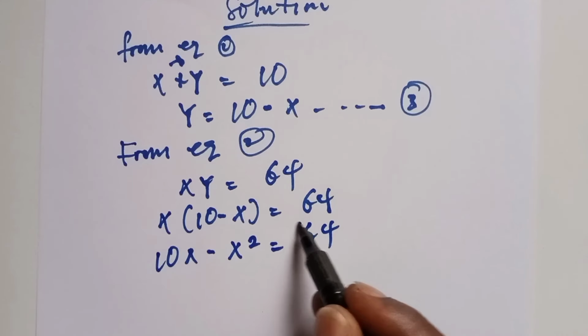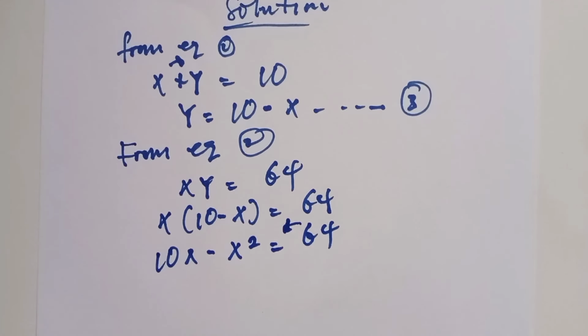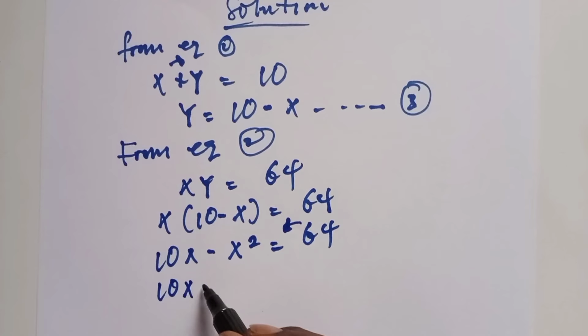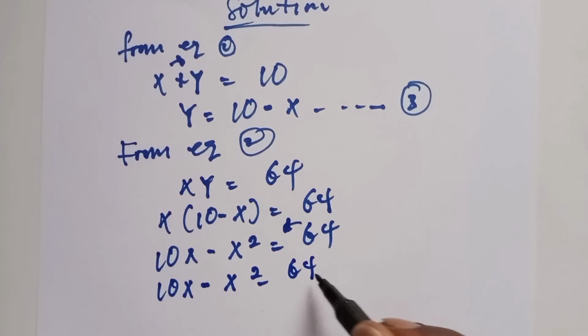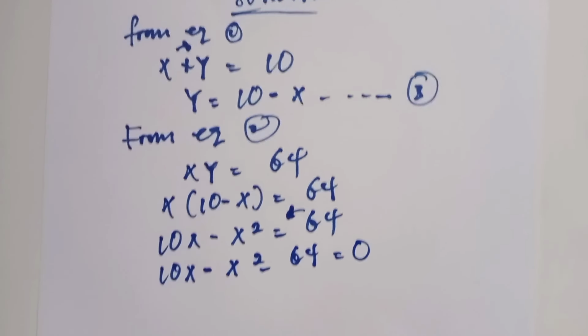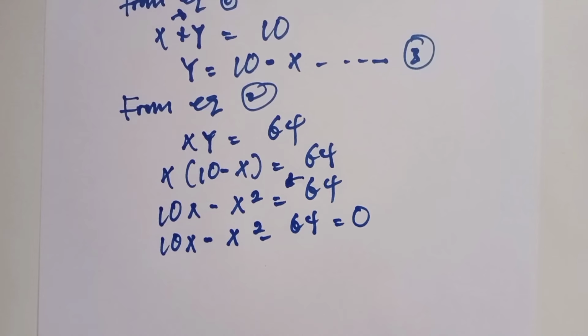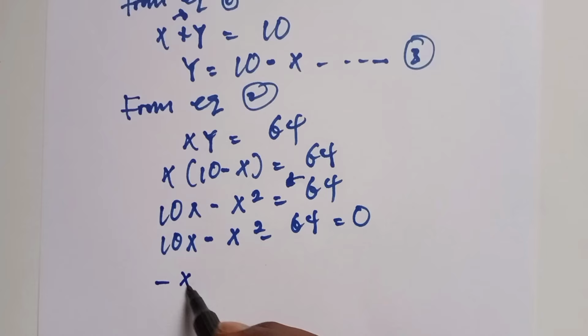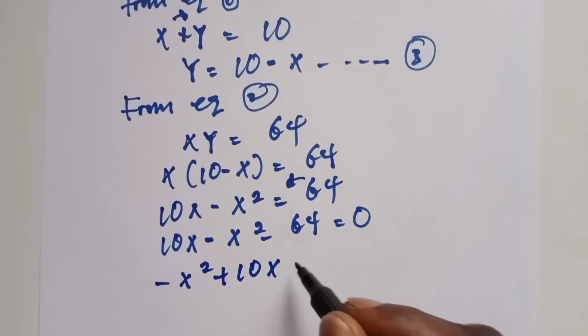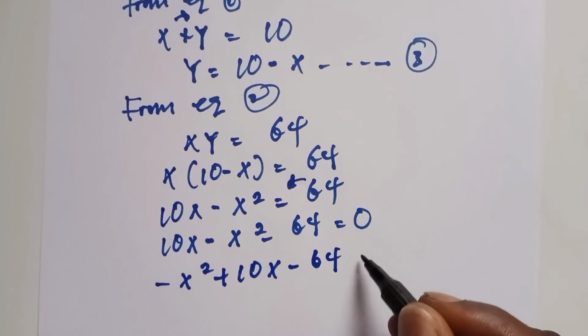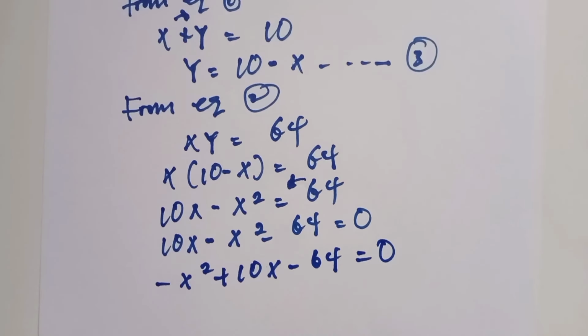Now if I move this to the left hand side, I have that 10x minus x squared minus 64 is equal to 0. So from here, if I rearrange, I have that minus x squared plus 10x minus 64 is equal to 0.